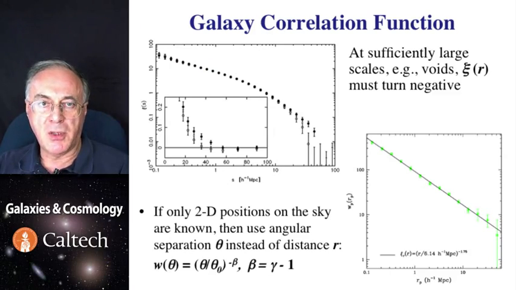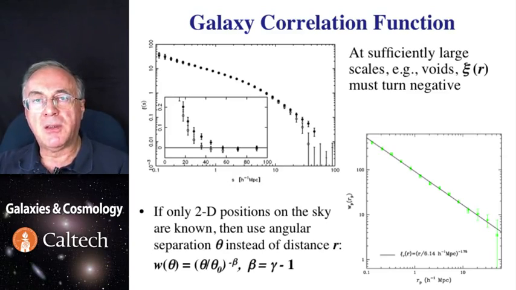This two-dimensional projected correlation function, usually denoted with little w, not to be confused with the equation of state parameter, is related to the three-dimensional correlation function psi of r in a fairly simple fashion. The power law exponents differ exactly by 1 because we reduced the dimensionality of the problem from 3 to 2.